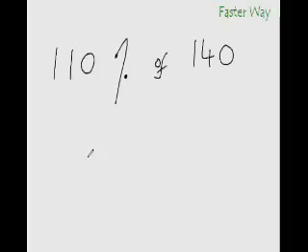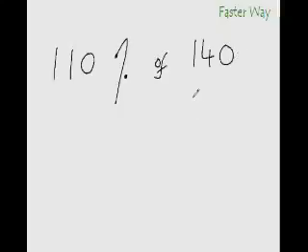Once again, find out what is 110% of 140. So break this into two friendly parts, 100 and 10. Now you know that you don't have to find 100%, it is the number itself.